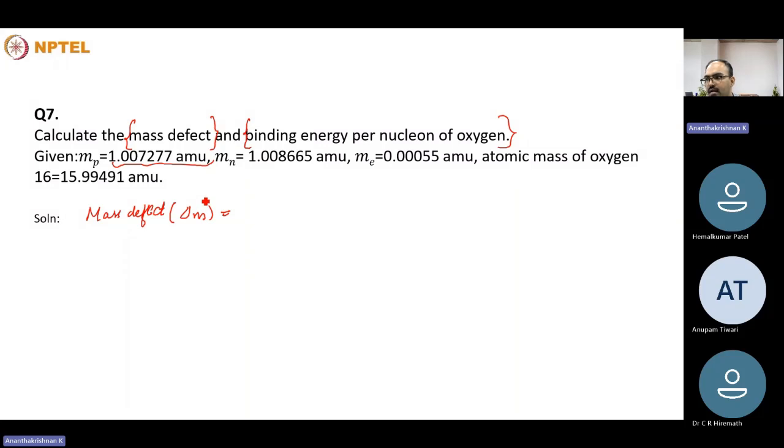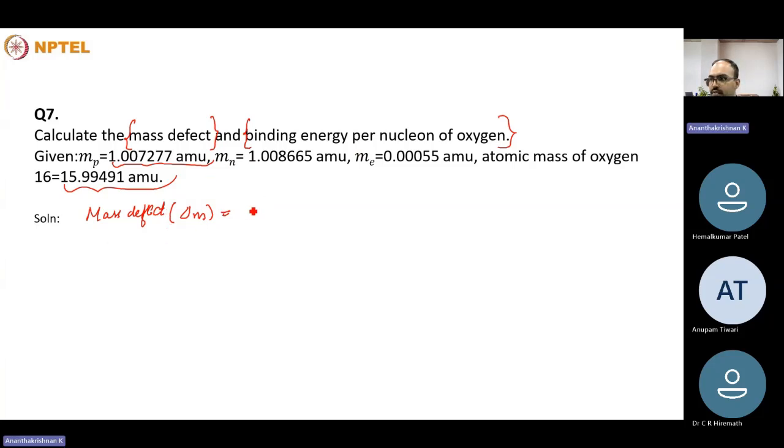And then we subtract the actual atomic mass of oxygen-16, which gives the mass defect. Basically, the atomic mass of oxygen-16 is 15.99491, but from the masses of the proton, neutron, and electron, there will be a difference. That is what is called the mass defect.